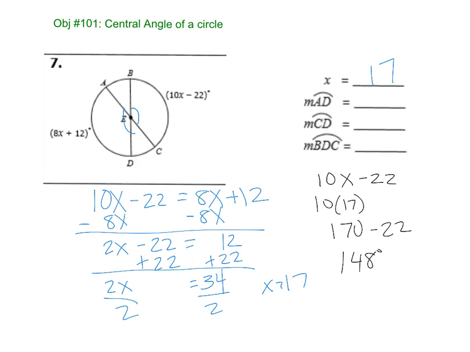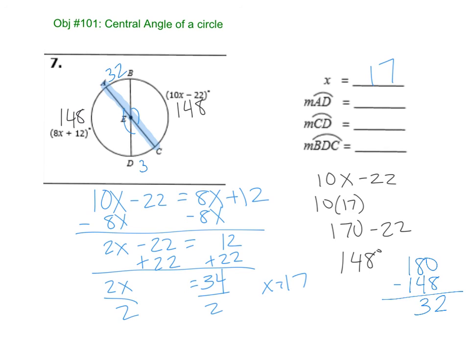So that means this is 148, which means this side is 148. We have this diameter here. Notice we're using the diameter a lot. So the other two sides, the AB and the DC, we're just going to take our 180, subtract 148. That's 32.